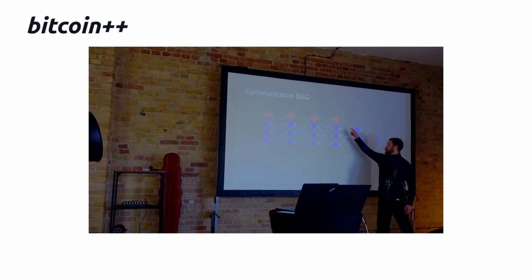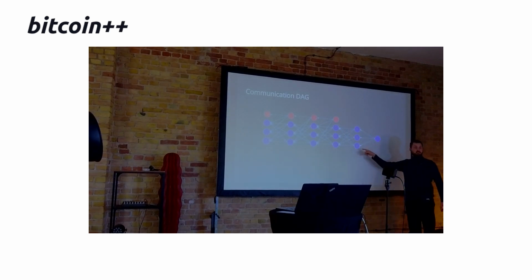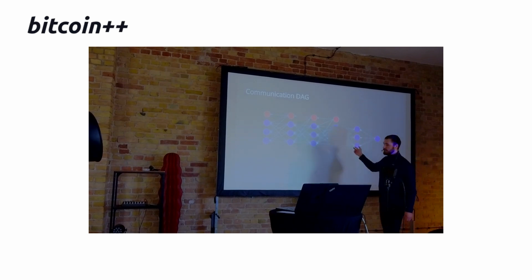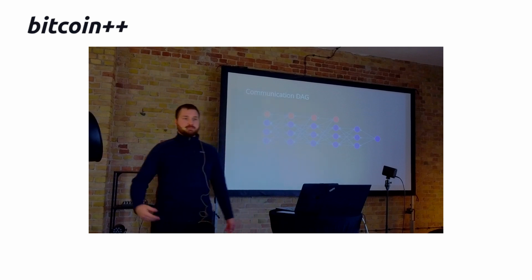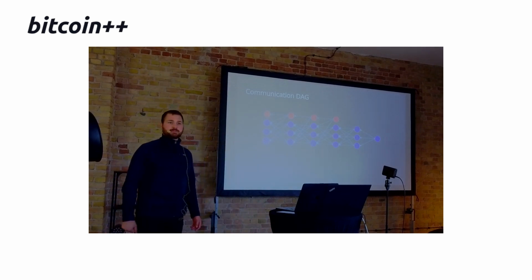And it would always broadcast this unit, this unit, this unit, and this unit. Right now it would broadcast the highest units for every guardian, and then if the other guardians are missing units in between, they would request them afterwards.